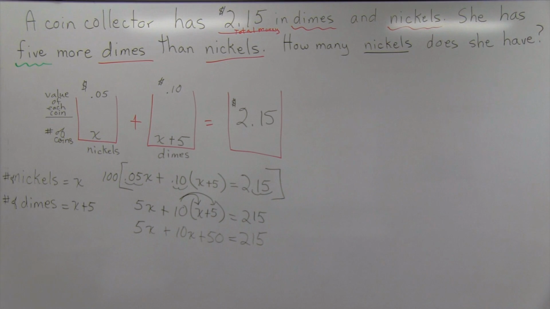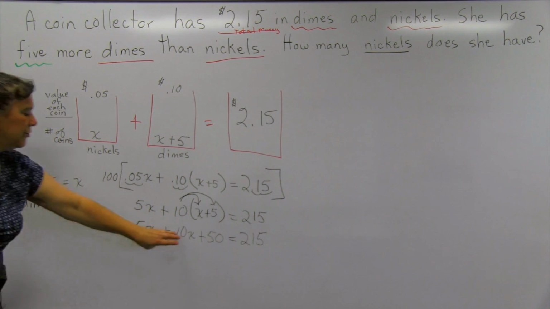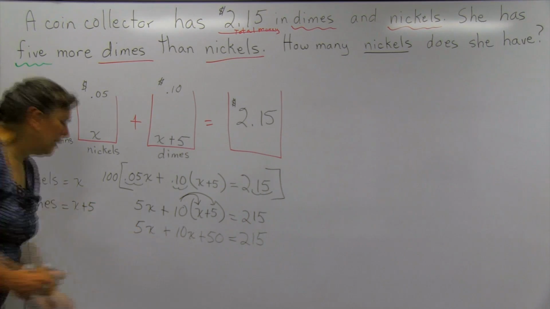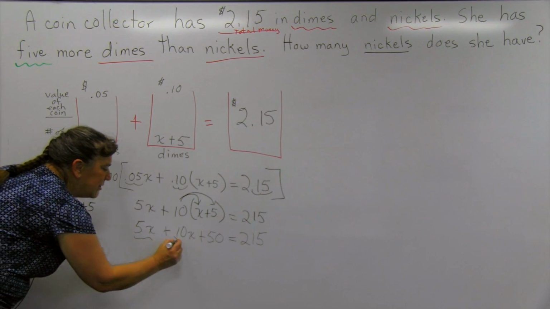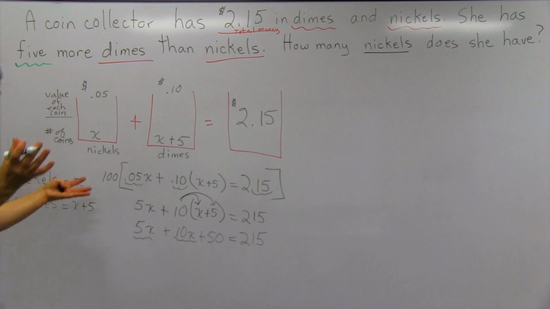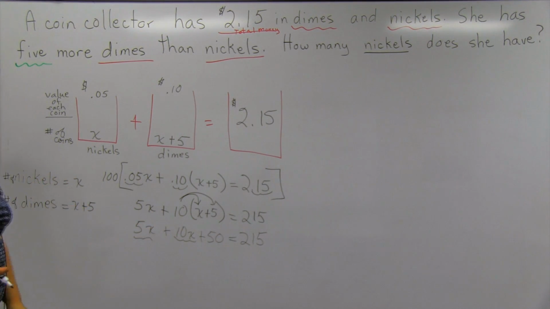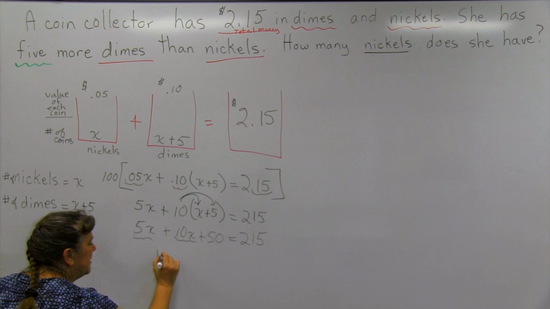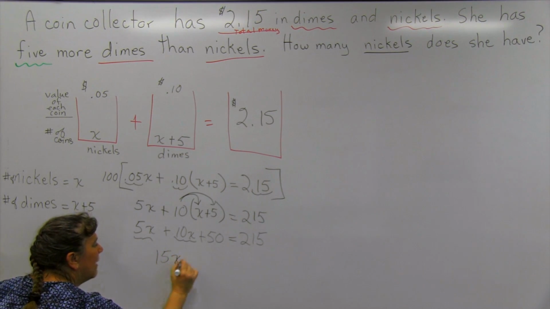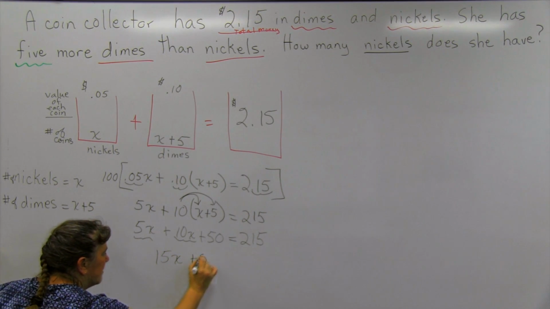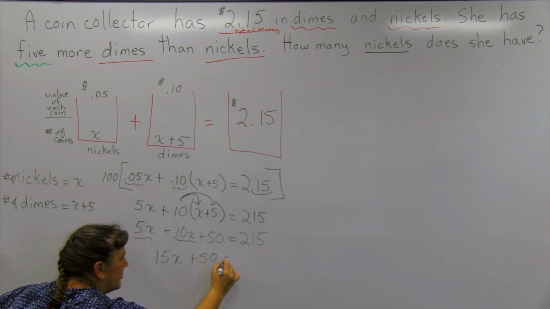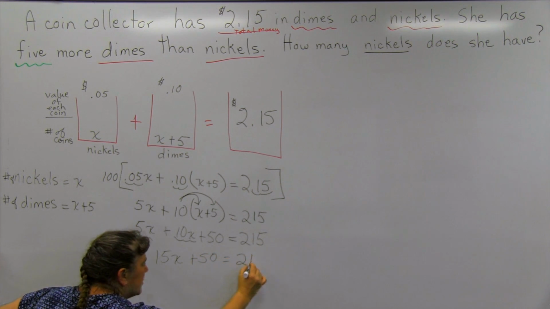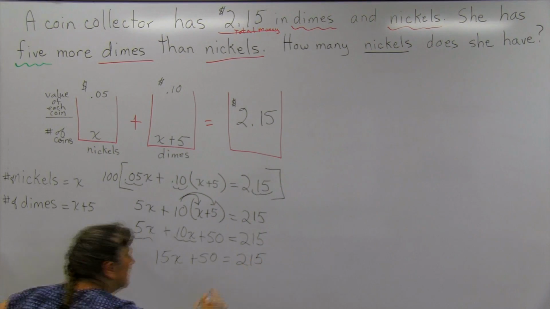Our next step is on this side of the equation. We have two terms that are the same, your 5x and your 10x, yeah? We're going to add those together because that's what it tells us to do. It says it's a plus, so we're going to add them, making a 15x plus the 50, because there's nothing to change it by adding or subtracting from it, equals 215.